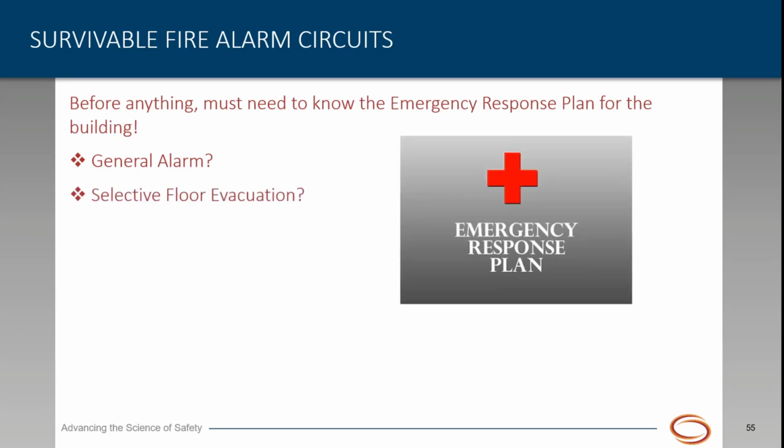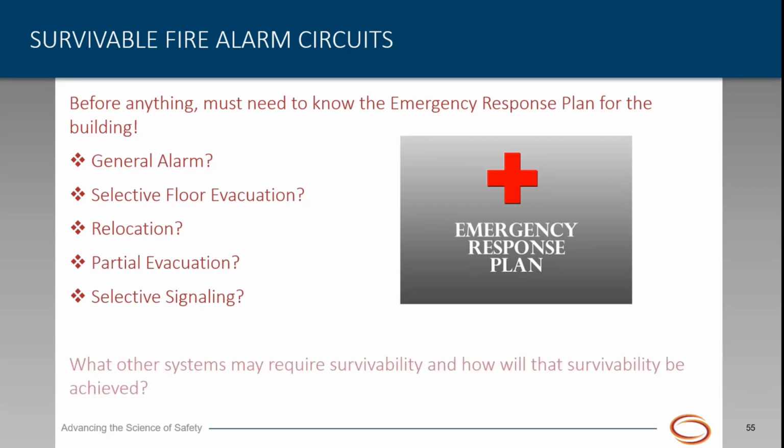Are they planning for selective floor evacuation as we see in a typical high-rise scenario? Is this going to be a relocation or partial evacuation scenario as we see in, let's say, a healthcare occupancy or a hospital occupancy? Are there other selective signaling needs that need to be achieved, like two or three channel audio or evacuation messages playing in one place and stay in place orders in another?